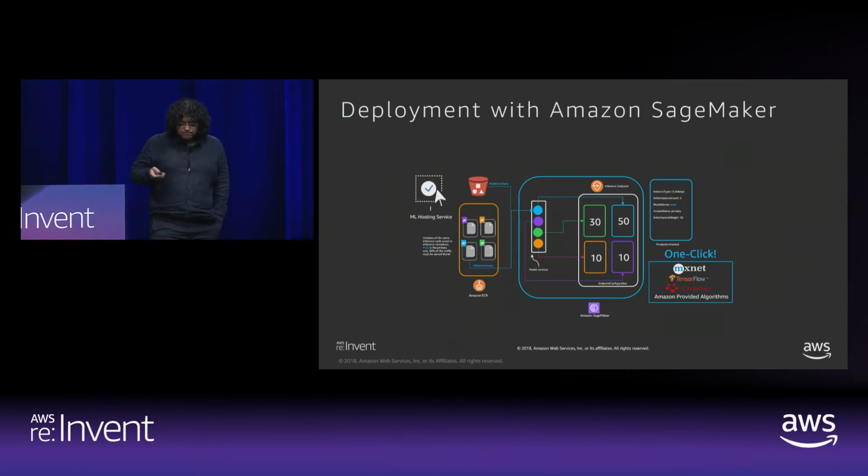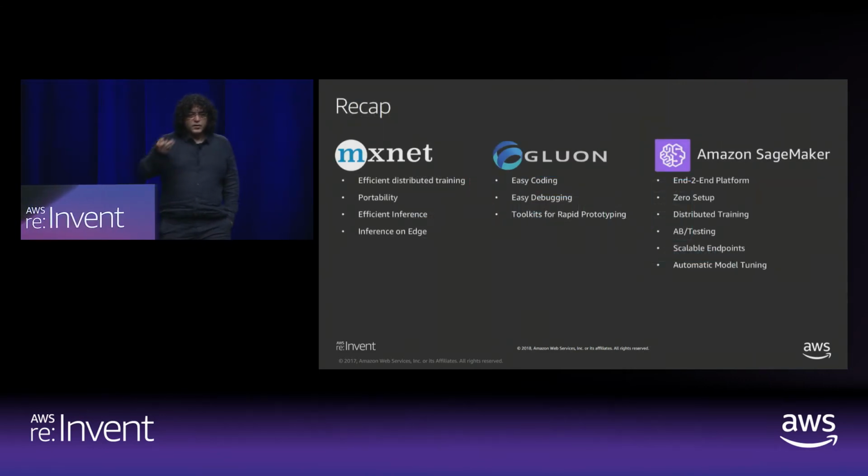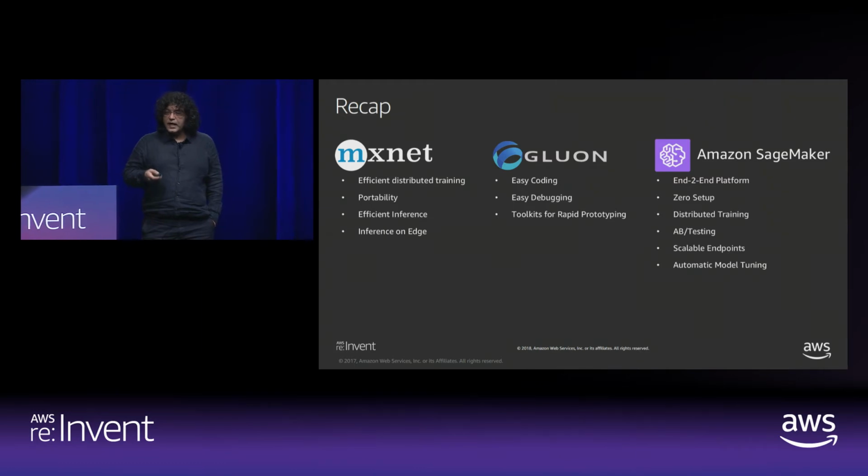So to recap, MXNet gives you the fast engine underneath. Gluon gives you the developer productivity, and Amazon SageMaker brings that together in an enterprise-grade environment with an end-to-end DevOps, as well as adding hyperparameter tuning, and the hyperparameter tuning, again, is just another line of code to add to what you do.